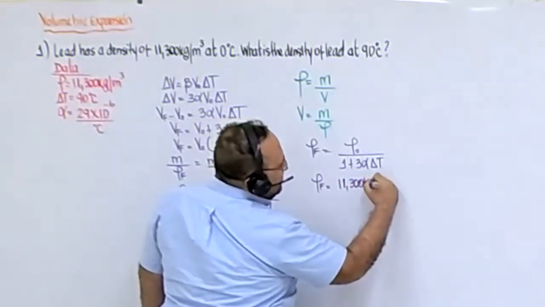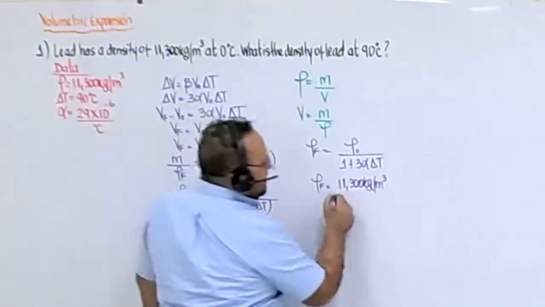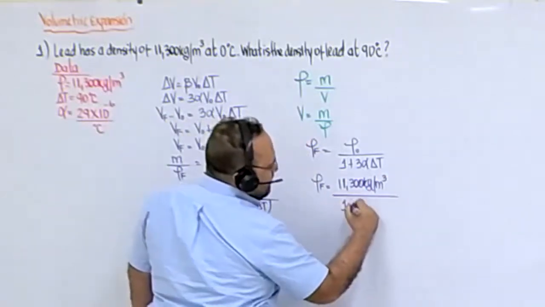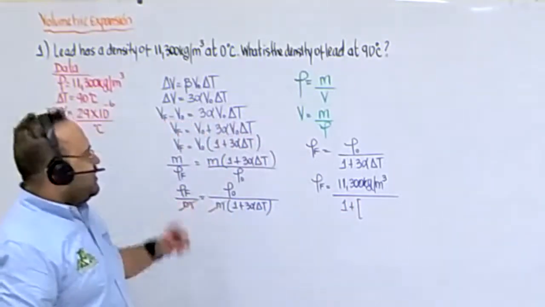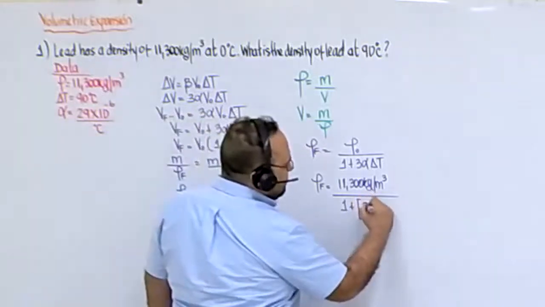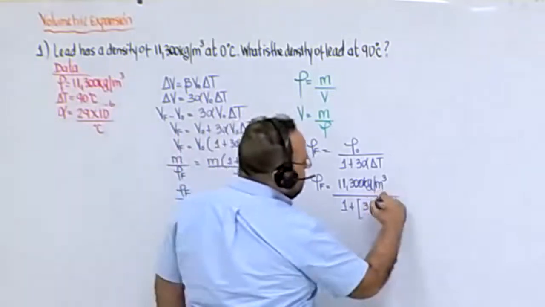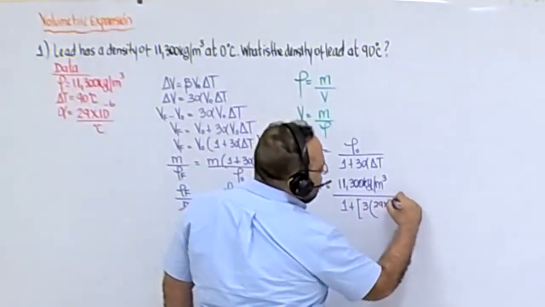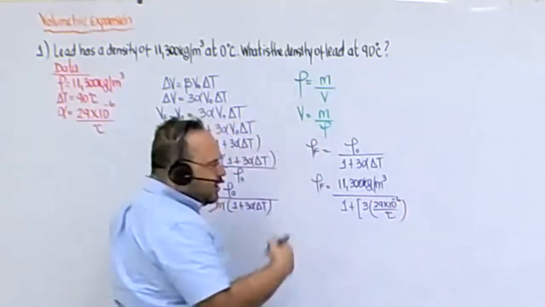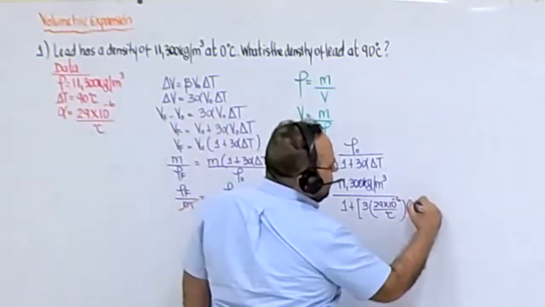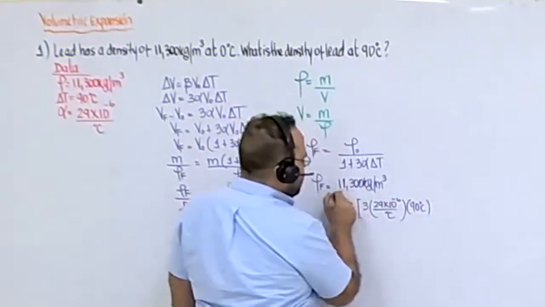11,300 kilograms per cubic meter divided by what? 1 plus, open brackets, 3 times alpha. You know, the value of alpha is 29 times 10 to the negative 6 power per Celsius degree, multiplied by the delta T that will be 90 Celsius degrees.